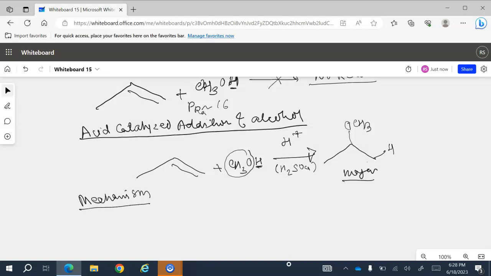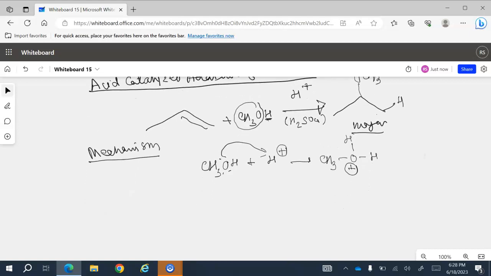Mechanism. So here, first of all, we need to activate this alcohol by acid catalyst. So this will grab the proton and this alcohol is now activated. So this can act as a strong electrophile.